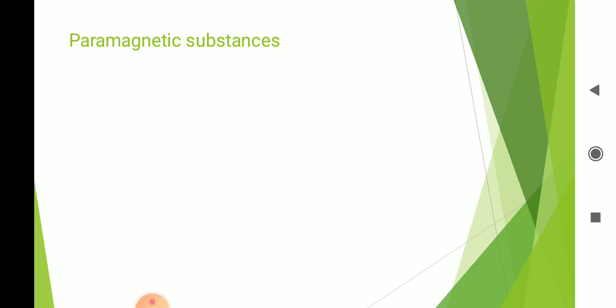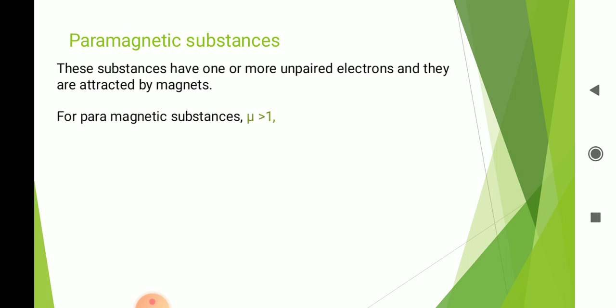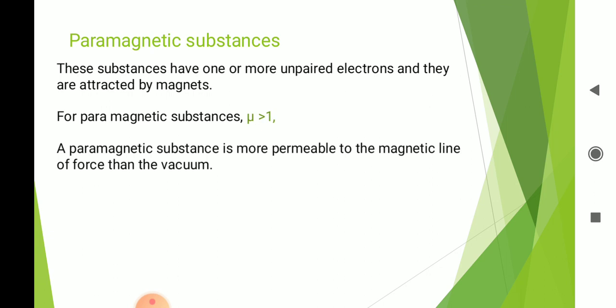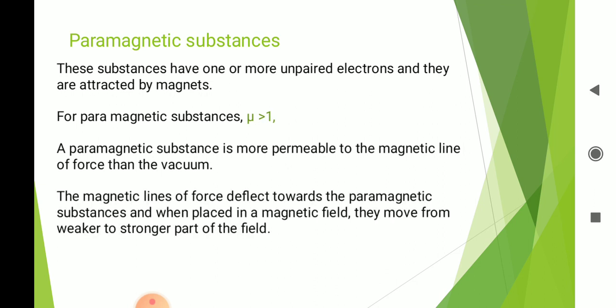The magnetic lines of force deflect towards the paramagnetic substances, and when placed in a magnetic field, they move from the weaker to the stronger part of the field. Examples of paramagnetic substances are aluminium, manganese, oxygen, platinum, etc.